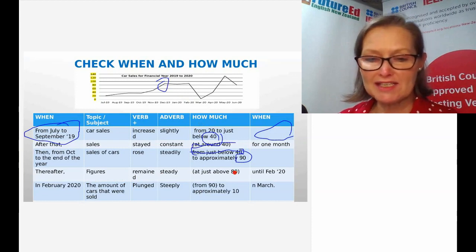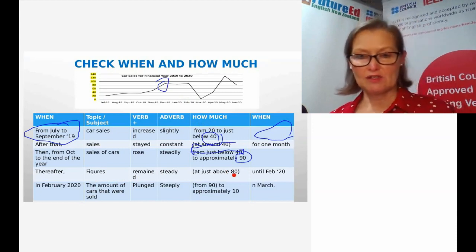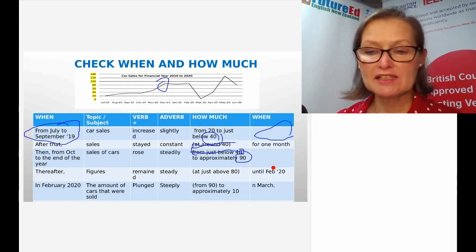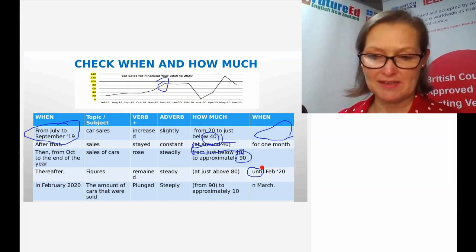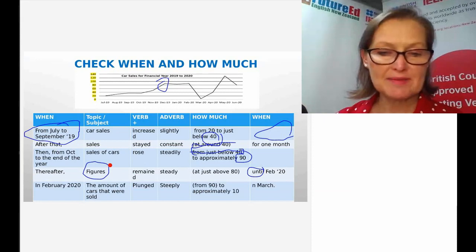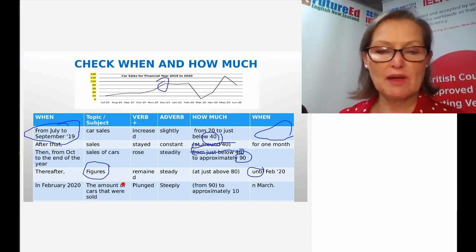Figures remained steady at just above 80. So there's another way that I can vary talking about how much. And then have a look at this: until February 20. So there's another little preposition that I can get in there. But also have a look at this very useful little word, figures. That's a very useful way of getting around it.